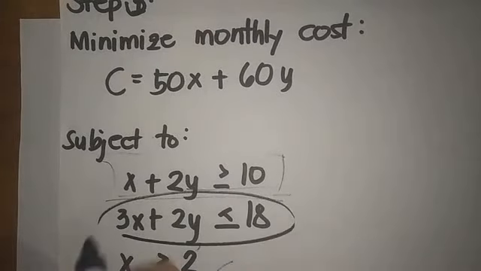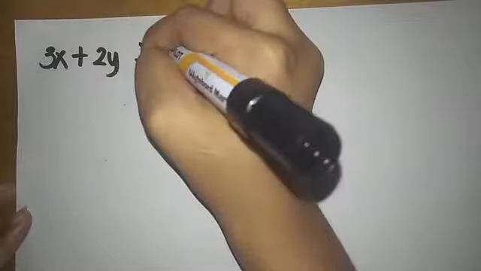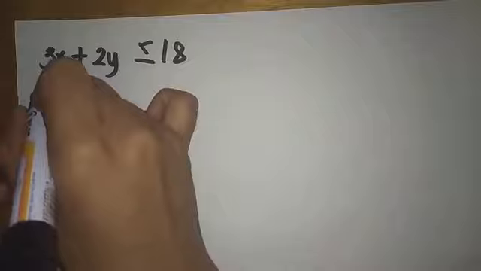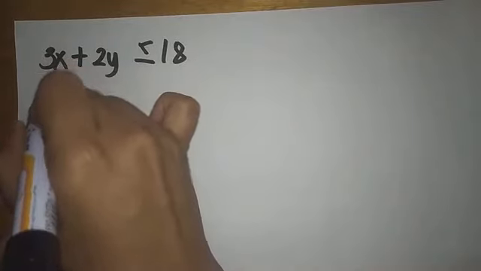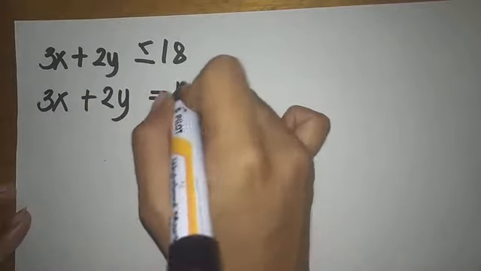So, therefore, ang solution set natin ay 10 and 0. Next, yung susunod na given, yung 3x plus 2y is greater than or equal to 18. Gawin natin siya linear equation, 3x plus 2y is equal to 18.